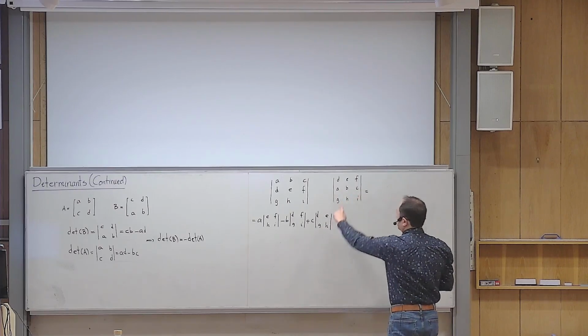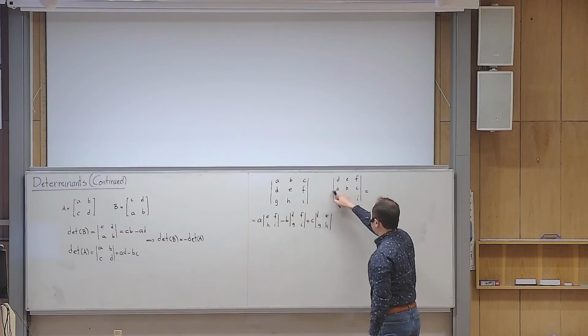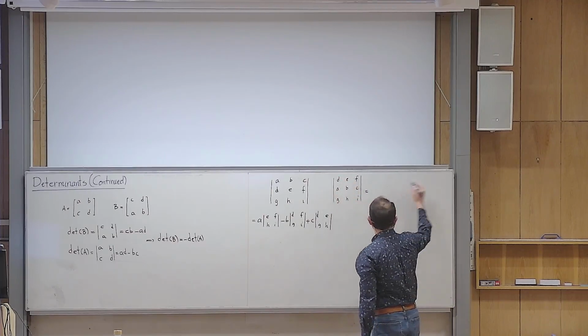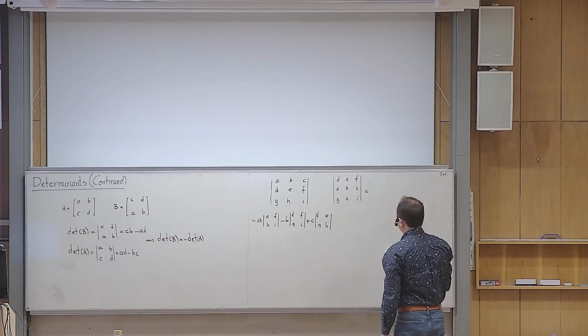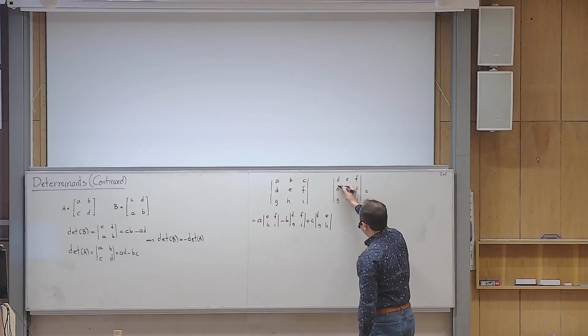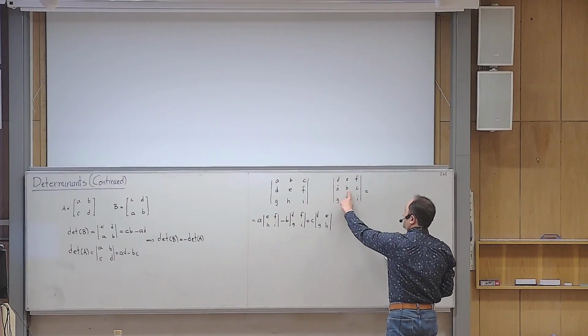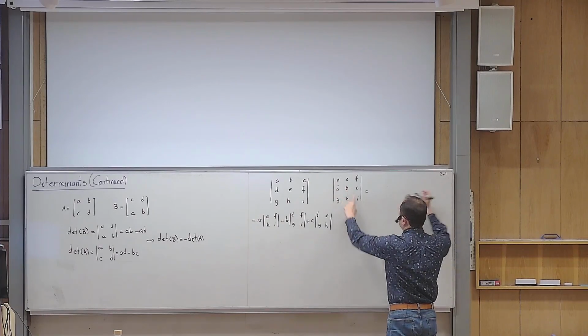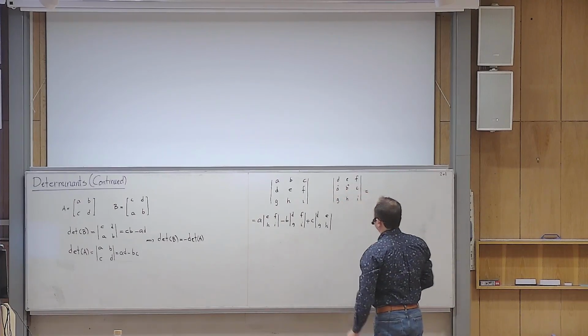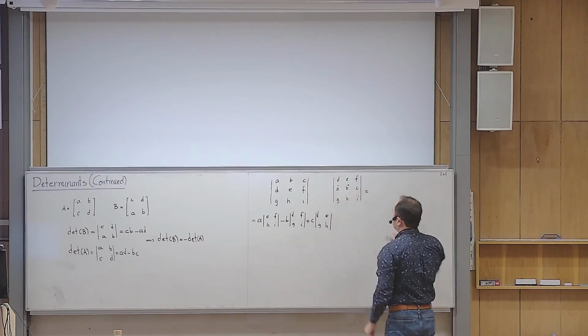For the second row, this is the second row first column. 2 plus 1 is odd. So you remember there is a negative sign assigned to it. When this is negative sign, the next one is 2, 2. So 2 plus 2 is even, so you have to put a plus here. And then the next one is what?